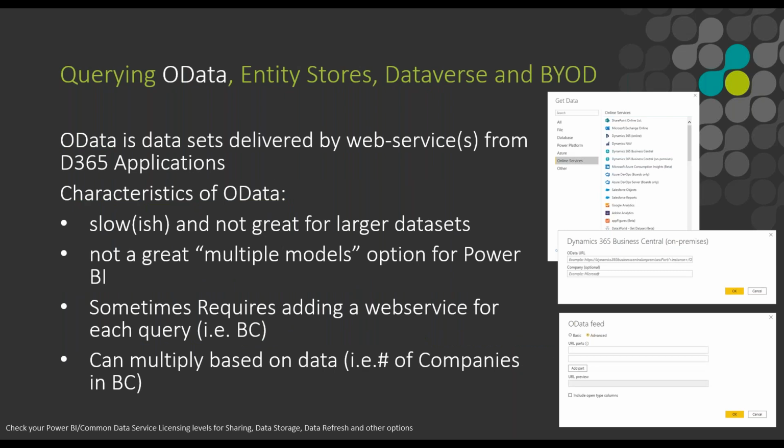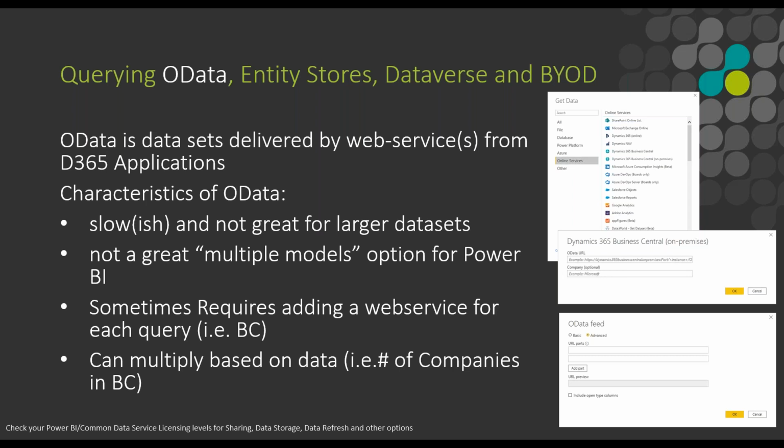So let's talk a little bit about the OData side of things, especially as it relates to Power BI. Power BI can absolutely interact with an OData provider. I happen to be using some screenshots of the Dynamics 365 Business Central connectivity here as one of the means with which we connect.